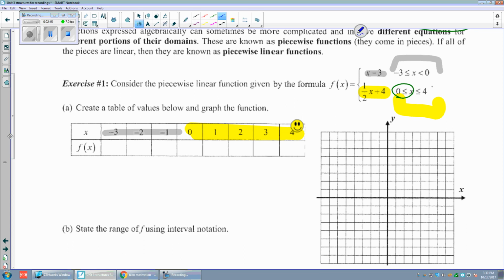Fill in the table. -3 is the gray stuff.